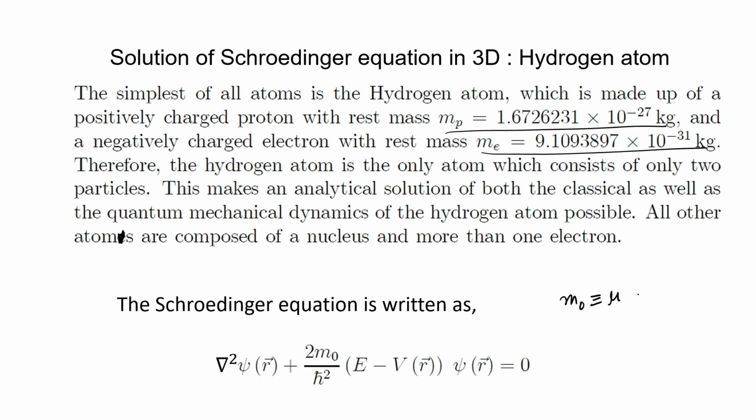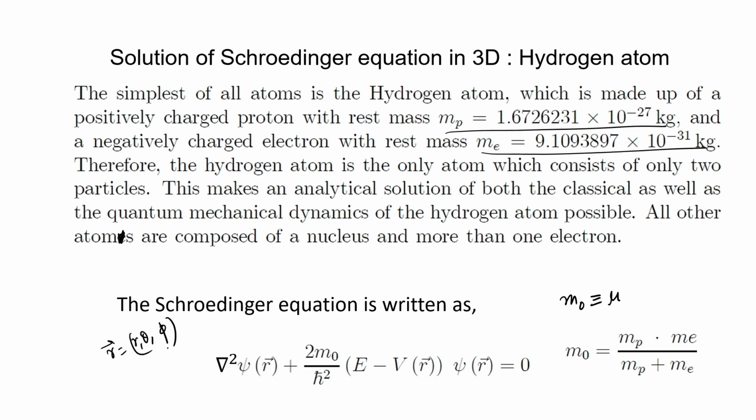You would see that most often it is written as mu, which is the effective mass, written as the mass of the proton multiplied by the mass of the electron divided by their total mass. That is called the reduced mass or effective mass, whichever you want to call it, and this r is nothing but r, theta, phi.